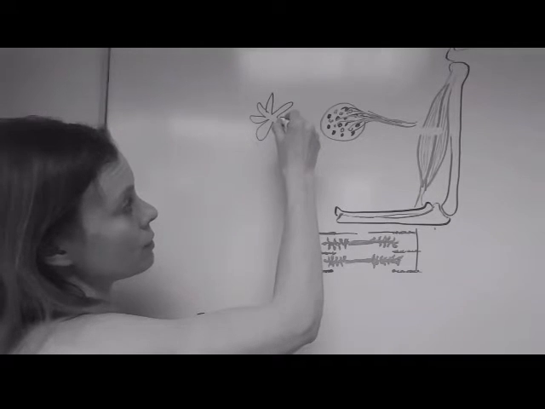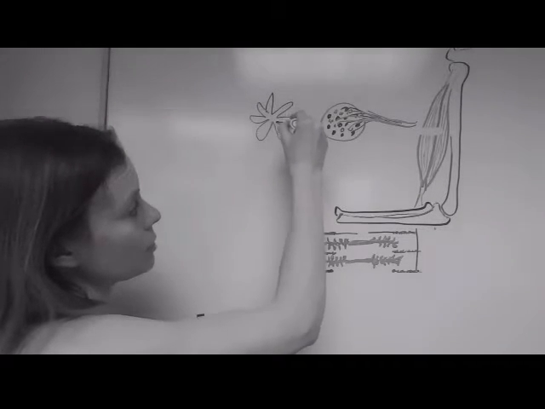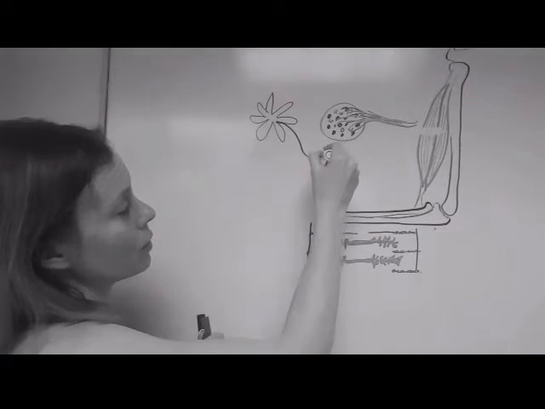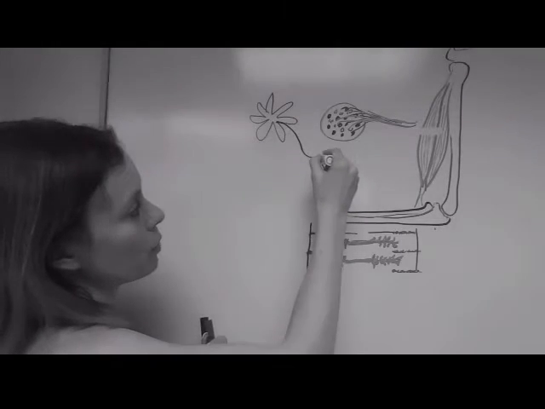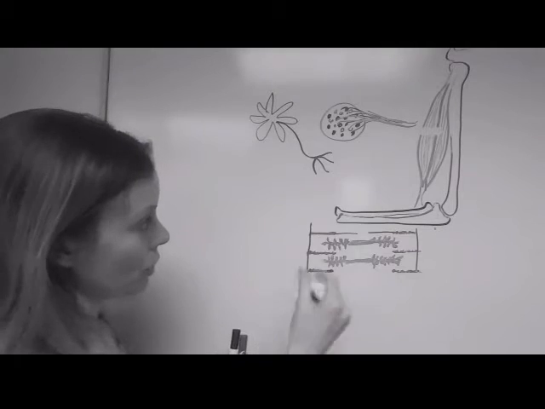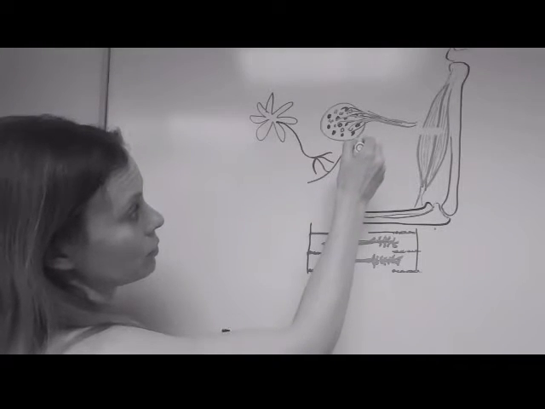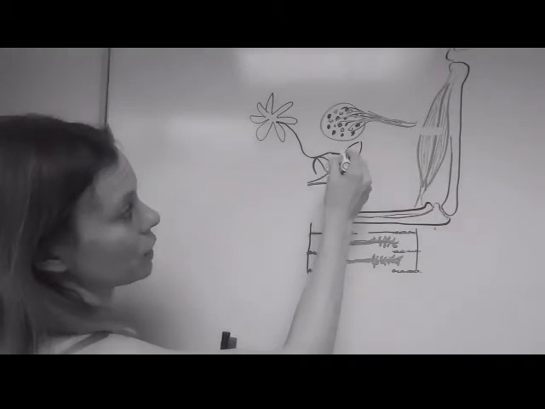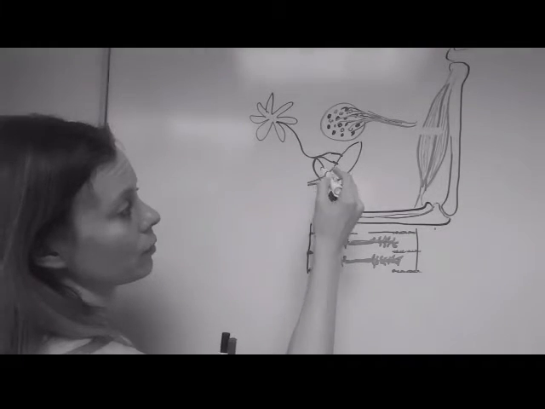Then it comes down here, and we're going to have attachment points that can attach onto your muscle tissue. So we'll just draw another muscle and pretend it's attaching on there.